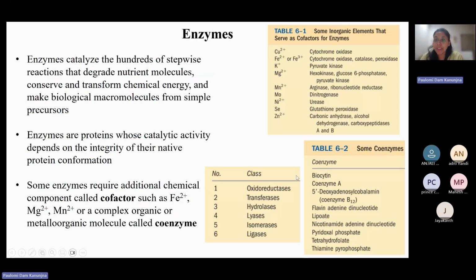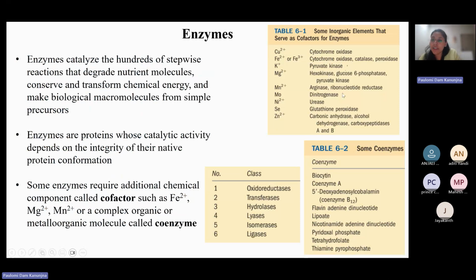So here you can see these tables are taken from Lehninger. Like I always say, I'm using the material from Lehninger. So you can see this table shows you which enzymes are using which kind of cofactors. Some of the enzymes that you can visibly see and identify, if you have seen the pathways, you will know: cytochrome oxidase, hexokinase.